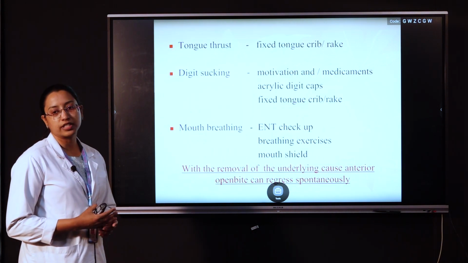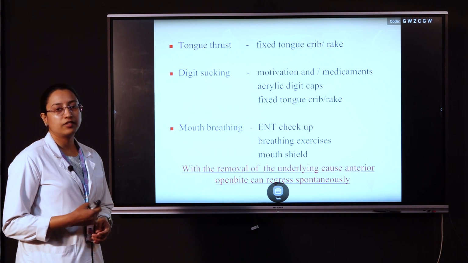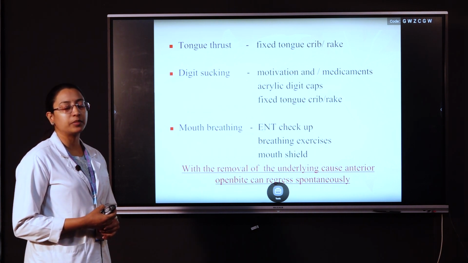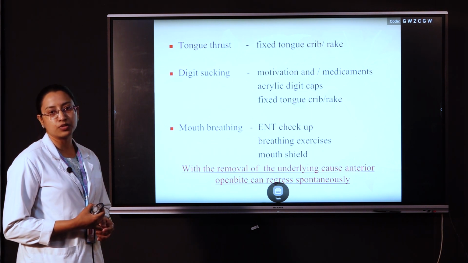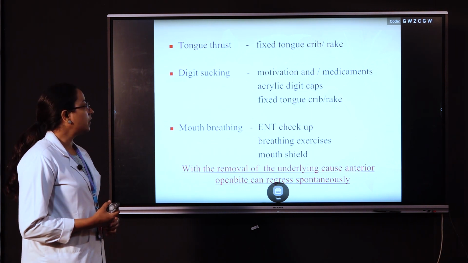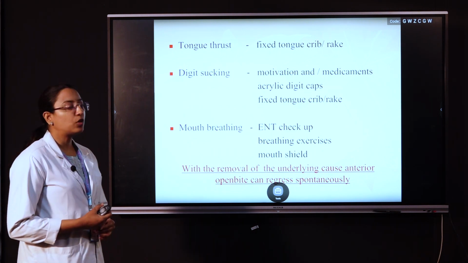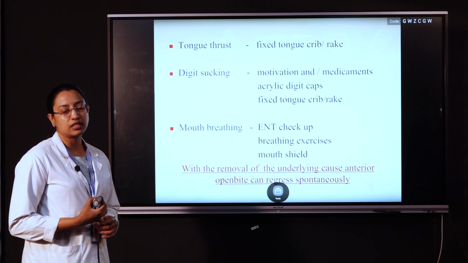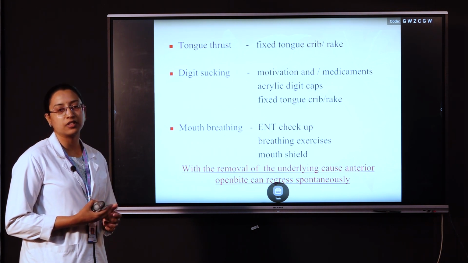For tongue thrust, as we already saw, the habit breaking appliance is a tongue clip. For digit sucking, we can first motivate the patient to stop the habit. In case it is not happening, we can remind the patient with the help of certain bitter medicaments, acrylic digit caps, or again a tongue clip. In case of mouth breathing, usually the etiology is associated with adenoids or tonsils, nasal polyps, or a deviated nasal septum.